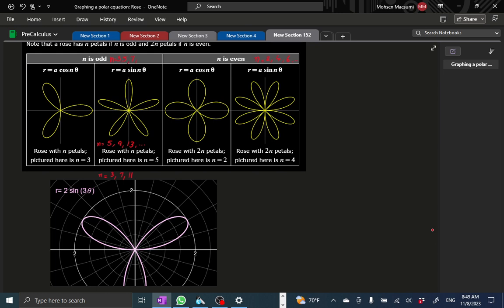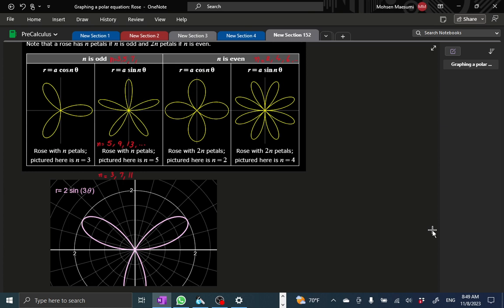So 5 pictures. As you see, the picture is quite symmetric. This is called the rose, even though perhaps it doesn't look like a rose. It has some petals and it has a radius. It has some tips, and then it has angles at which the edge of a petal approaches the origin.